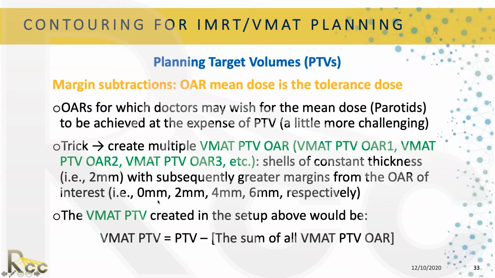So you're going to create this VMAT PTV first with no margin, then with 2 millimeter margin, 4 millimeter margin, 6 millimeter margin of that OR. So the VMAT PTV created is going to be the VMAT PTV minus the sum of all these.